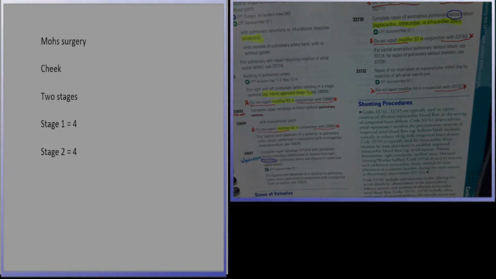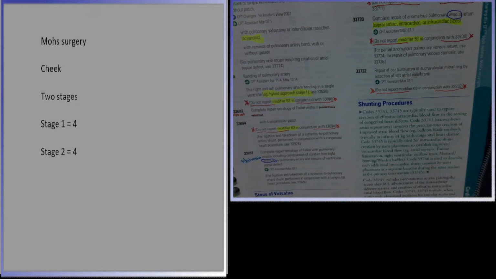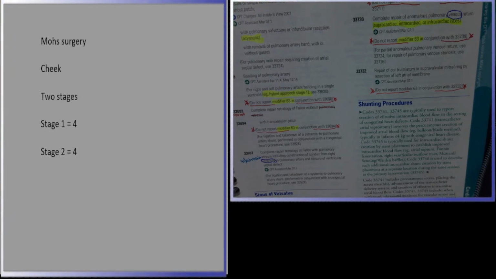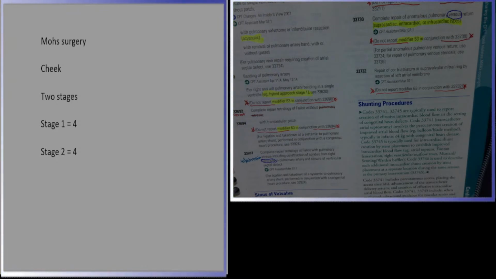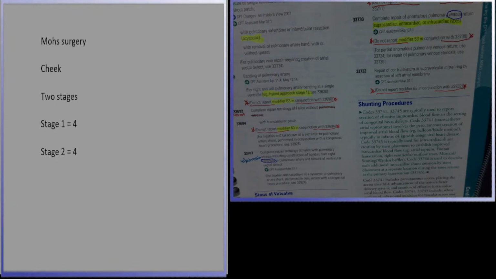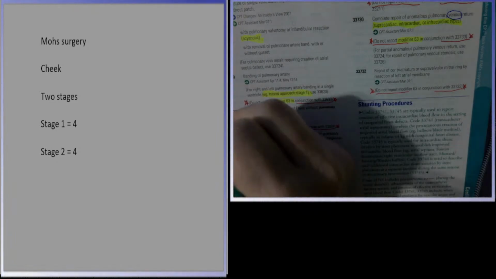I'm not going to write the whole word, but without ATR. I guess I should have written ATR instead of art. I'm so dyslexic some days. And then this one is a patch.